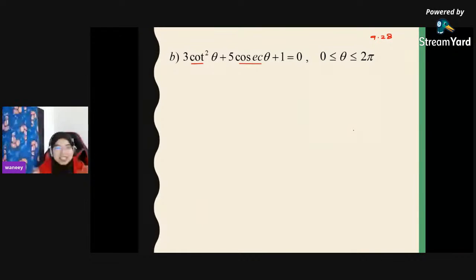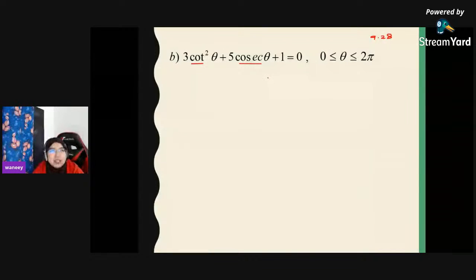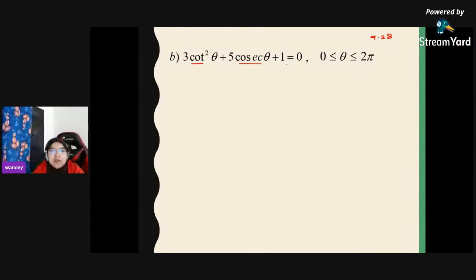Okay, so basically, if you want to solve them as a quadratic function, obviously you should change everything into quadratic. The only identity that we have is something with a square, for example sine square and cos square. So that means you shouldn't change the cosecant.